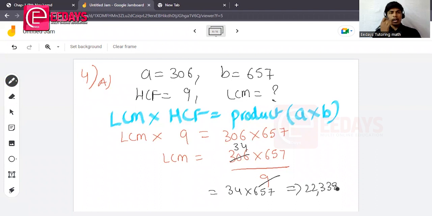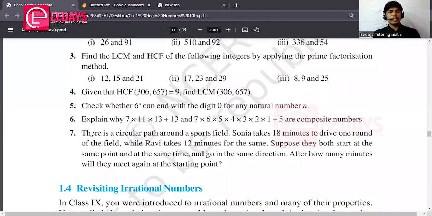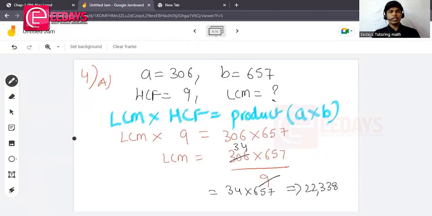To save time, I'm writing the final answer: 22338. I hope you understand. No need to write all the prime factors, because the HCF value is indirectly given: HCF is equal to 9. So you can take the HCF as 9. All right. Still have any doubts, anyone?